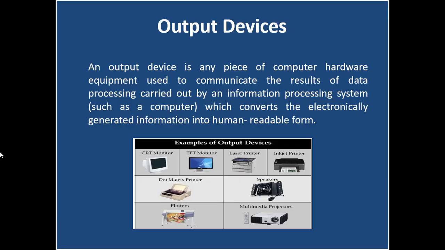So they provide us information from a computer system. Examples of output devices are a monitor, a screen, printers, speakers, projectors, plotters, and others.